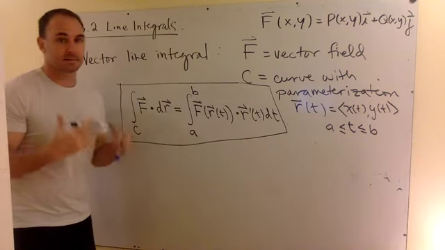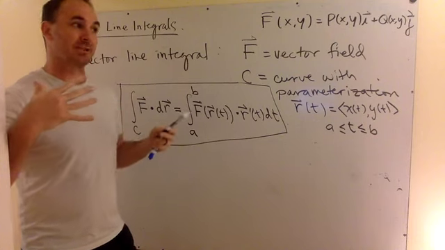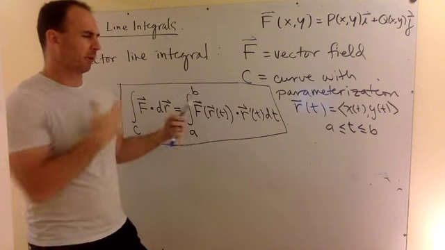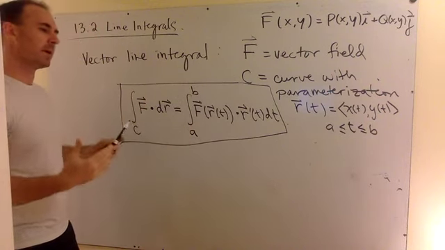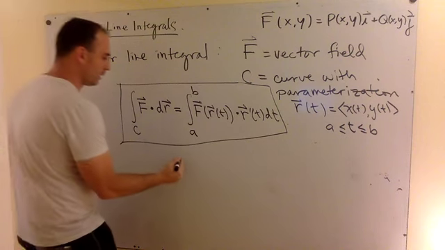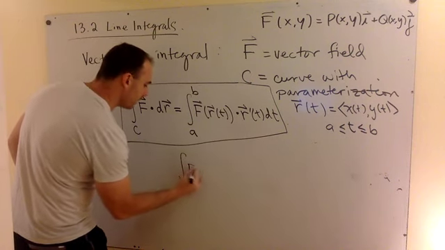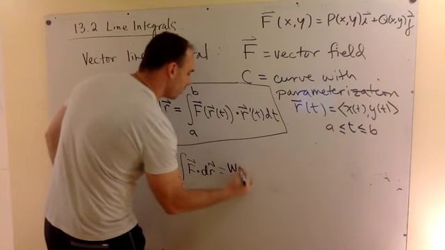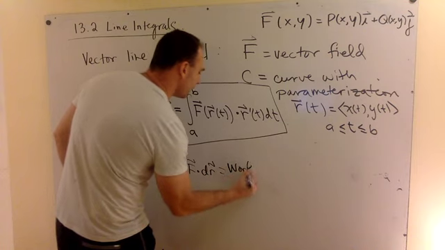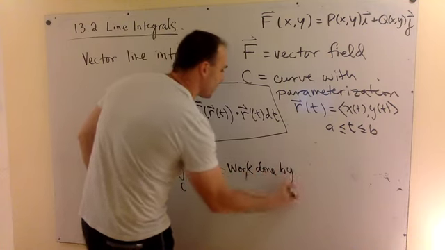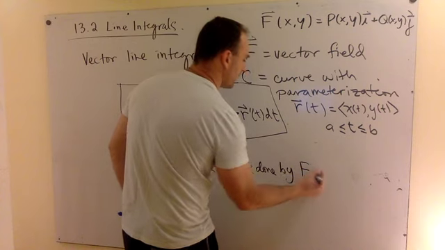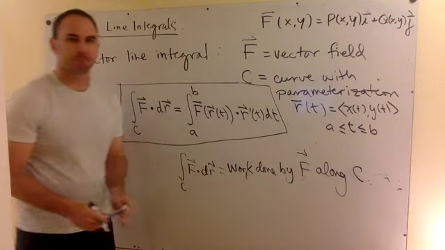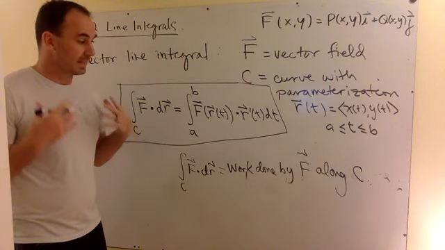What it represents, again, doesn't have a nice geometric meaning of area under a curve or area that the vector field is carving out. This is the work done by the force F along C, and that's its physical meaning.